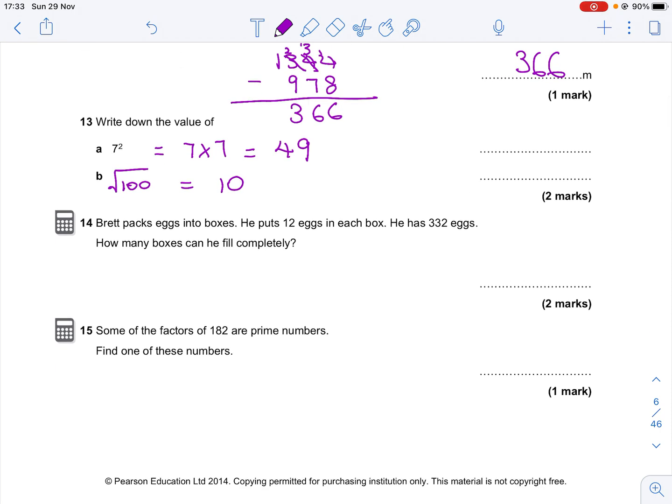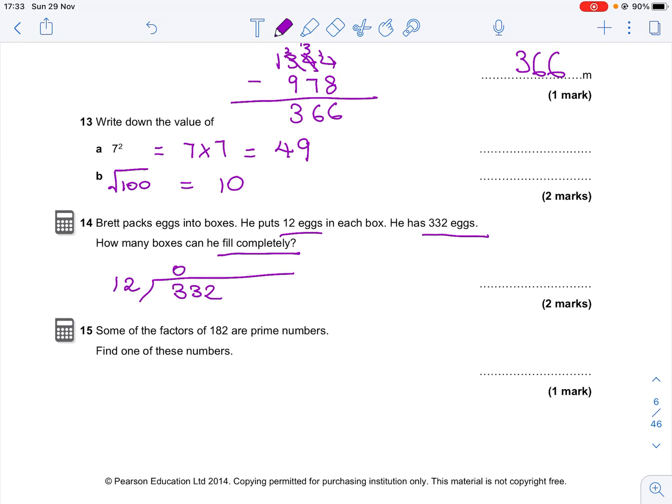Question 14. Brett packs eggs into boxes. He puts 12 eggs in each box and he has 332 eggs. How many boxes can he fill completely? So this is a division question. We have 332 divided by 12.